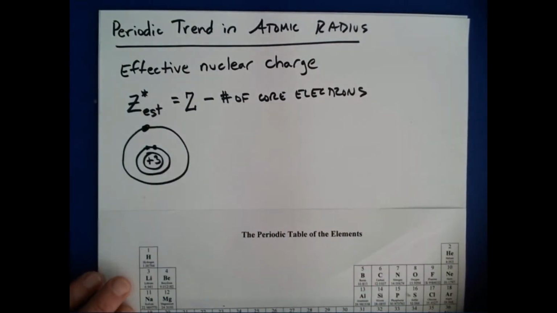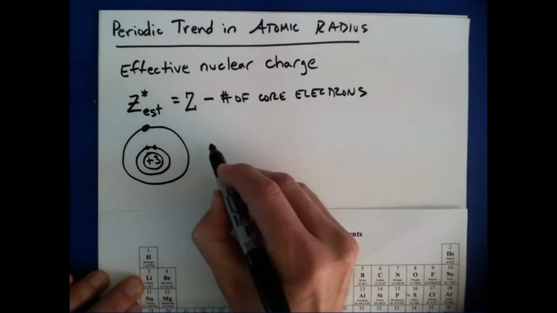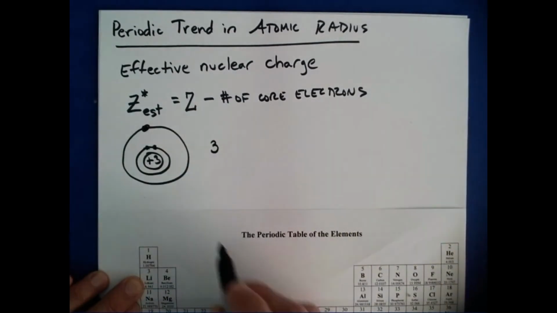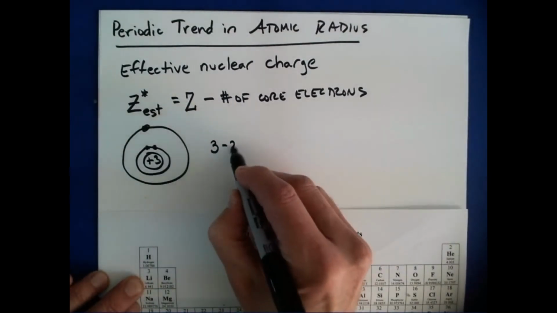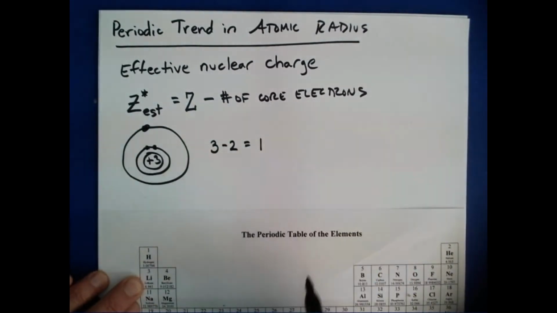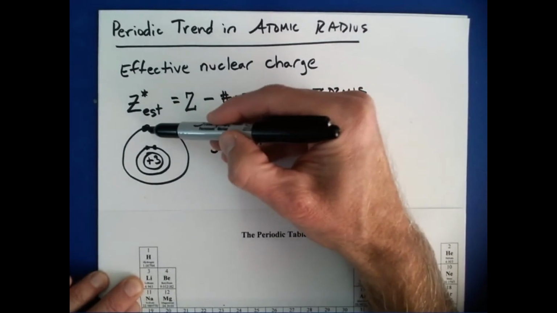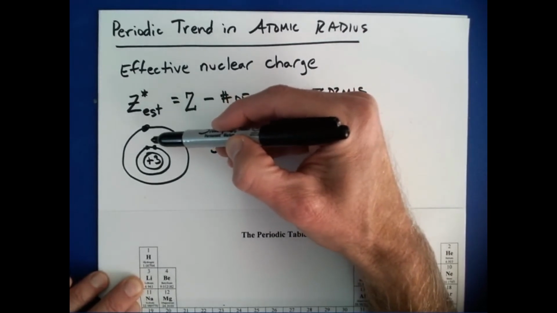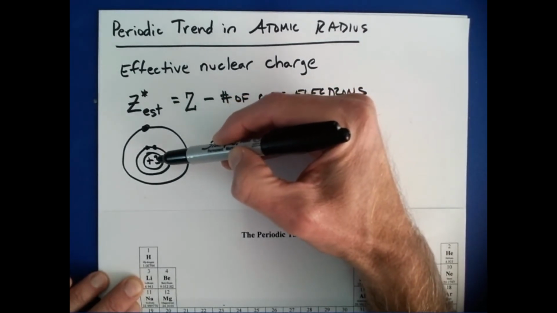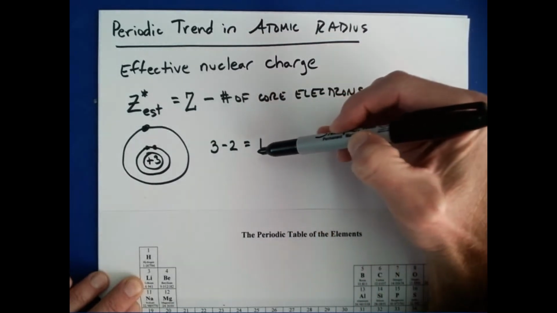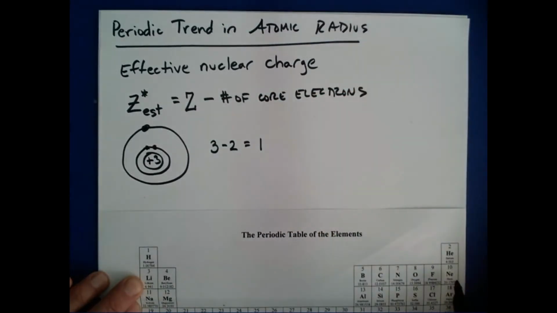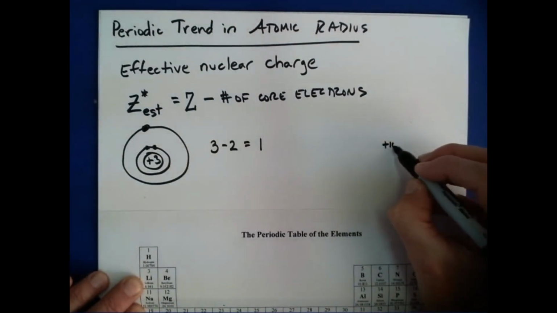From the Z star estimate, we take the atomic number of lithium, which is 3, the same as Z, and subtract the number of core electrons, and we get 1. That means this valence electron feels attracted to a nuclear charge of only +1.